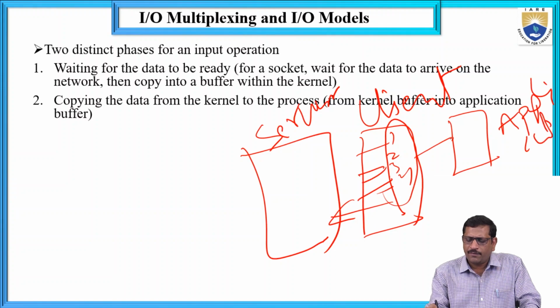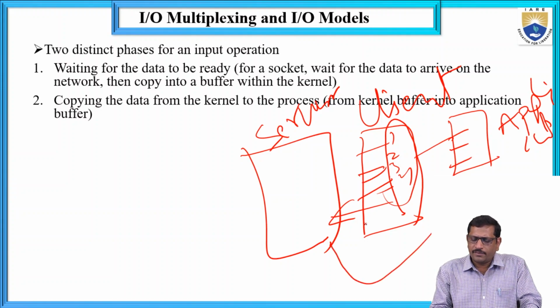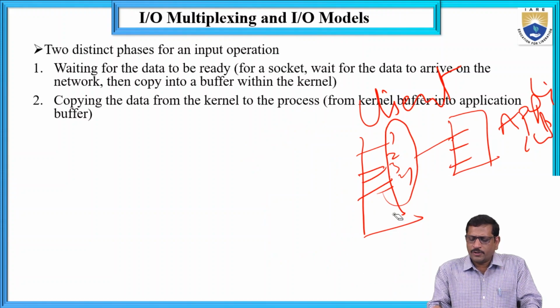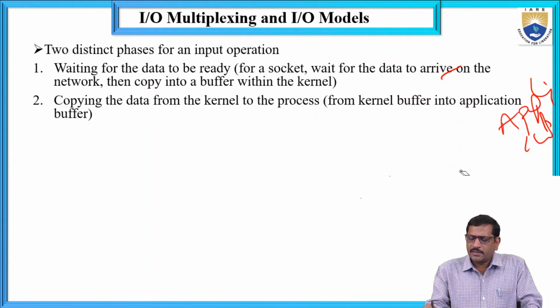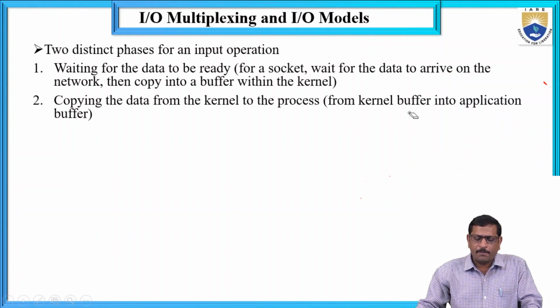A copy of one of the stored applications' data can be sent to the server machine, and we can run the process, processing the data on the server machine. So this is about copying from the kernel buffer into the application buffer.